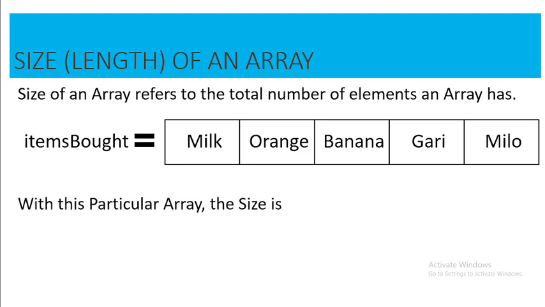With this particular array, the size is 5, and the length of this array is 5. The total number of members in the array is 5.